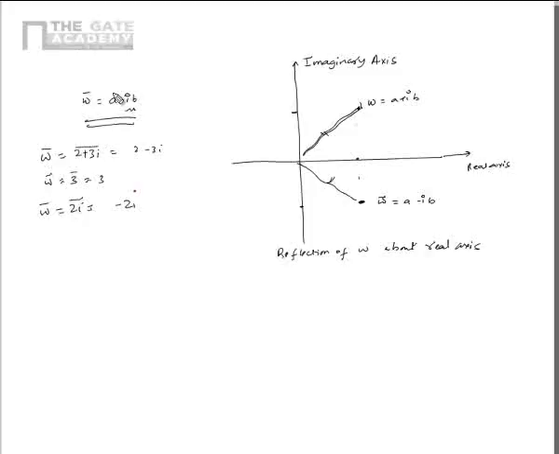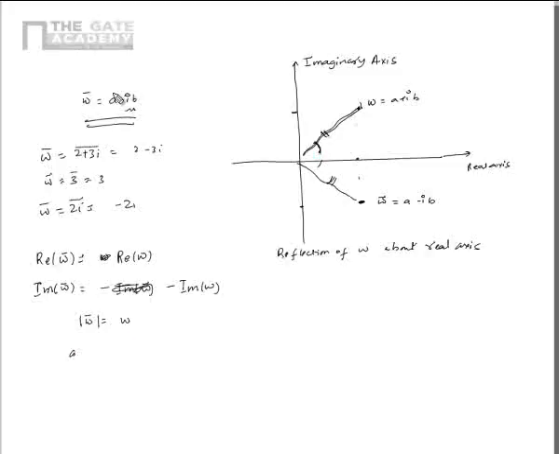So the real part of the complex conjugate is the same as the real part of the actual complex number, whereas the imaginary part of the complex conjugate is the negative of the imaginary part of w. Remember, this is minus of Im of w. The modulus is the same, both have the same distance, and the argument is reversed. The argument is measured counterclockwise. If this is theta, then obviously this is minus theta.